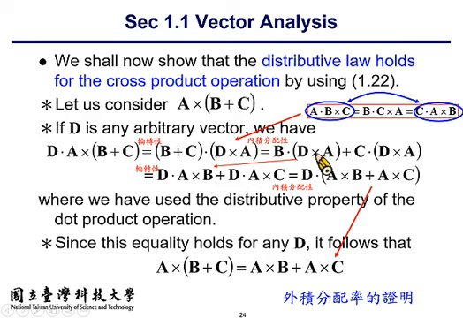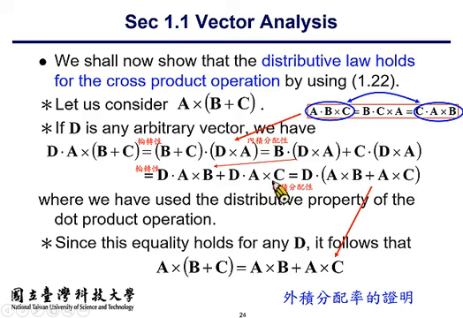And use the cyclic manner again, so that you can move D to the first position. And you can show that this is the same as D dot A cross B and D dot A cross C, and then you use the distributive property of the dot product again.